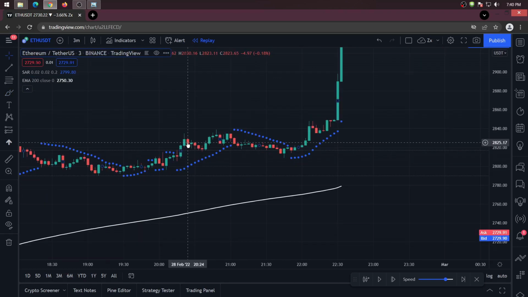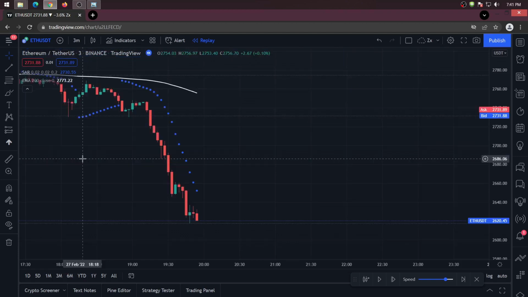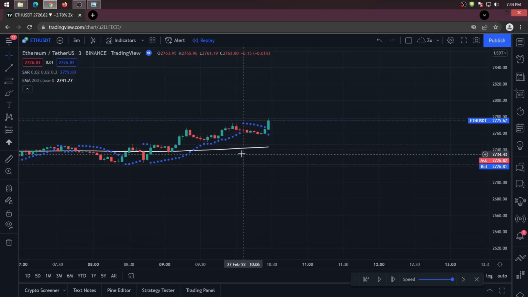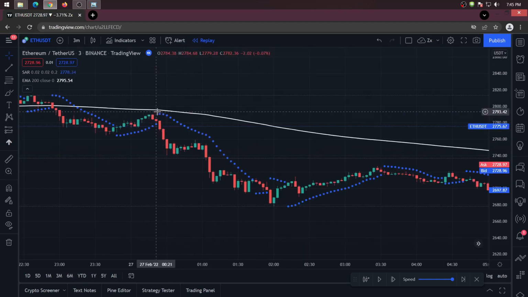Now if the price is above the 200 EMA, it indicates the long-term trend is up, and if the price is below the 200 EMA, it indicates the long-term trend is going down. This is the secret. For example, when the price is above the 200 EMA, that means it's an uptrend, and during that time we only take long positions, and if the price is below the 200 EMA, we only take short positions.